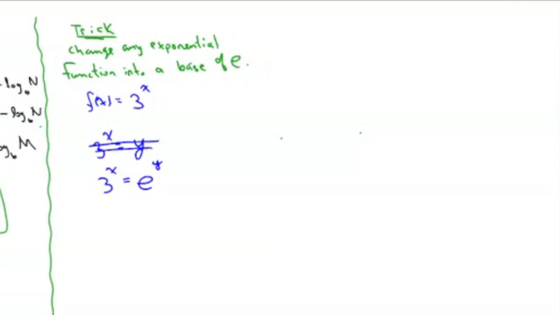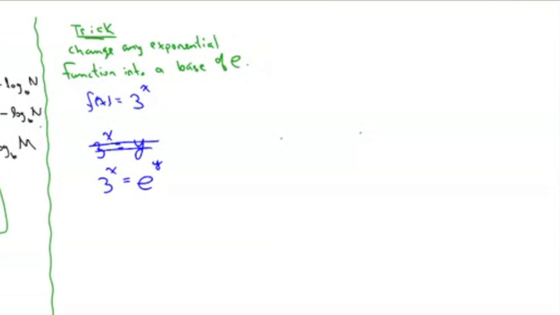So what would be your first step of solving this equation? What do you think, if you're going to try to solve for y? A couple techniques you could use. Number one, you could try writing it as an exponential back to a logarithm. It gets a little confusing there because they're both exponentials. So the other trick is to use the inverse property. What's the inverse of e to the y?